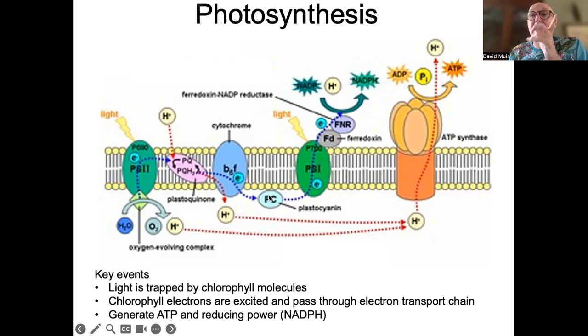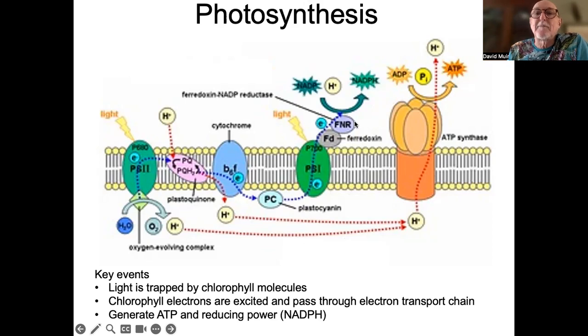Now, I want to add, we've put all of this together into one system. These can actually be separated from one another by mechanisms we don't need to talk about. And both of these systems can be utilized just to produce ATP if the plant cell really needs it. So the end product of photosynthesis, a little bit of ATP. That is true.